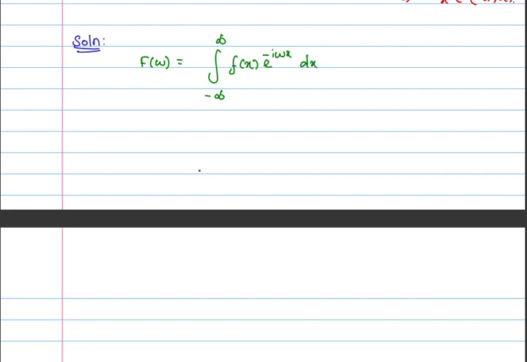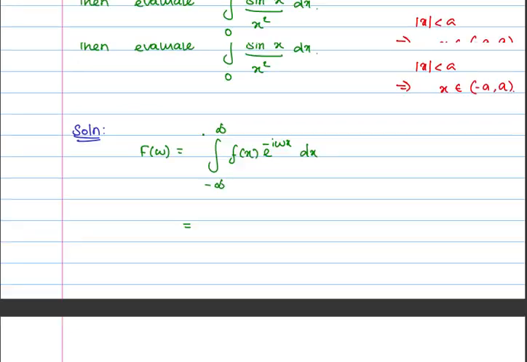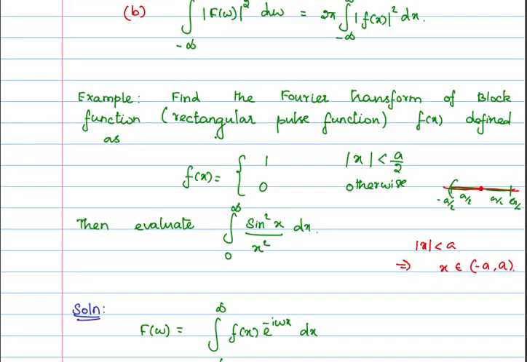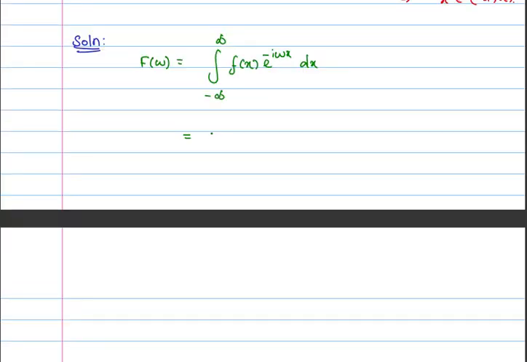This is the definition of the Fourier transform. Our function has support only on minus a by 2 to plus a by 2, so our integral becomes the integral from minus a divided by 2 to a divided by 2, times 1 times exponential of minus i omega x dx.